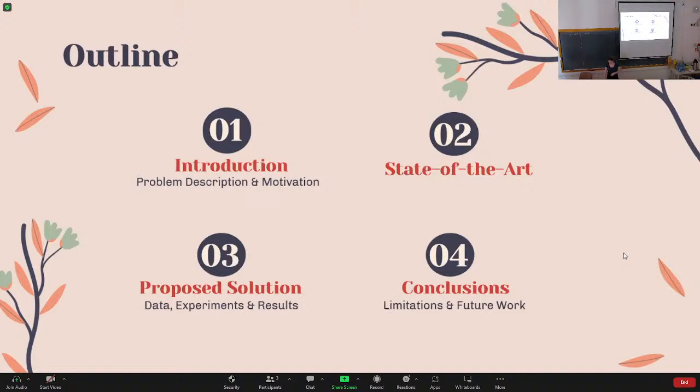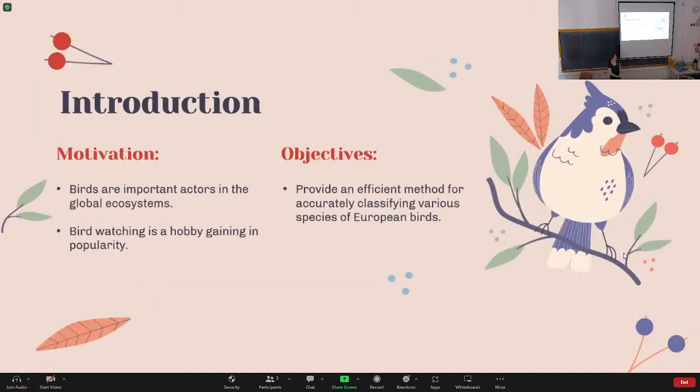Birds play a very important role in global ecosystems, as they have valuable contributions in seed dispersal, in controlling agricultural pests, and even in pollination. Moreover, bird watching is a popular hobby, as 45 million American bird watchers were counted by the US Fish and Wildlife Service.